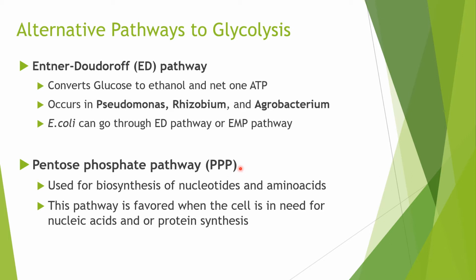Most likely, if there is a need for bacterial cells to make nucleic acids or to make proteins, then they're going to favor and go through this pathway. Again, if the bacteria is in need of nucleic acid and protein synthesis, it will choose to go through this one right here.